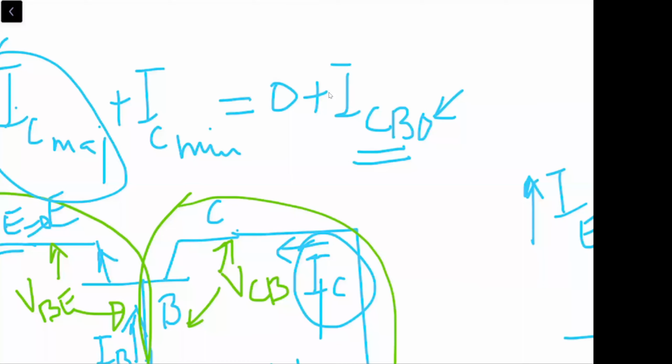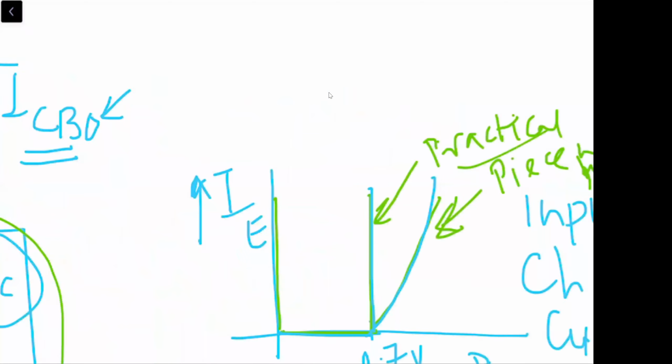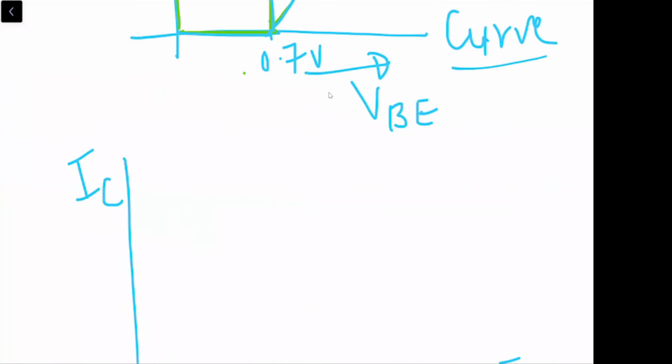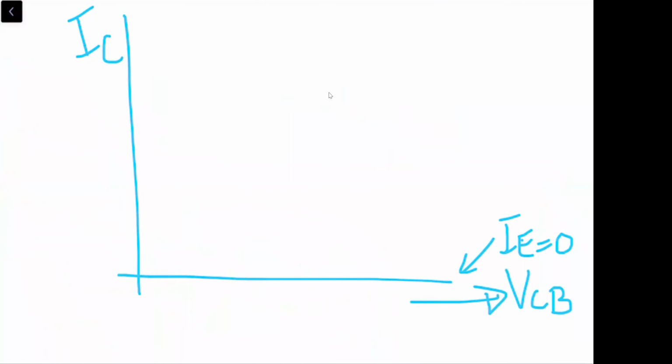Okay, so IC will be equal to ICBO. ICBO means that portion of the collector base junction current in which the emitter is open, right? So we can go back to the characteristic curve and say that this current is due to the minority carriers.